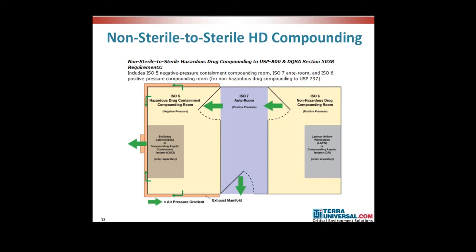We're much more likely here to be looking at a 503B scenario or a non-sterile to sterile hazardous drug scenario where FDA is going to increase its requirements and really put us under CGMP design considerations more than the USP considerations that many people have followed up till now.